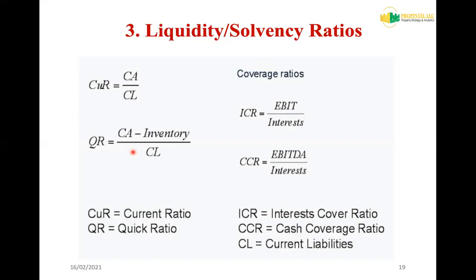Companies like to have at least a 1:1 ratio here. But firms with less than that may be okay because it means they turn their inventories over quickly. Now, there are other types of liquidity ratios that may also be computed, particularly in looking at how a company is able to meet its debt service obligations.